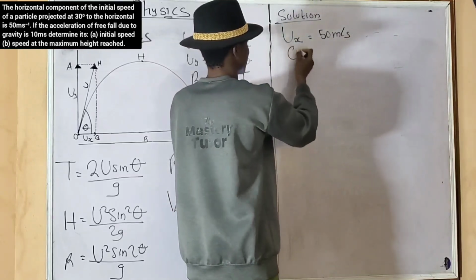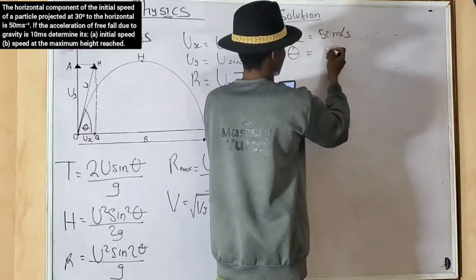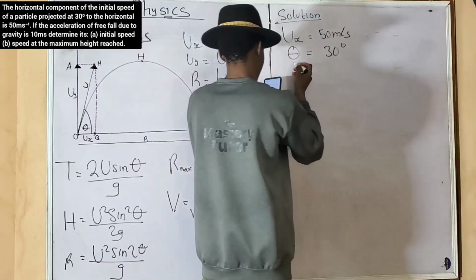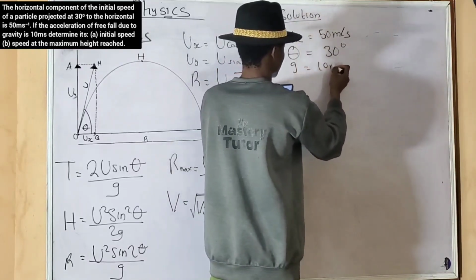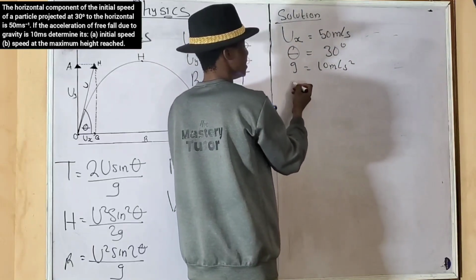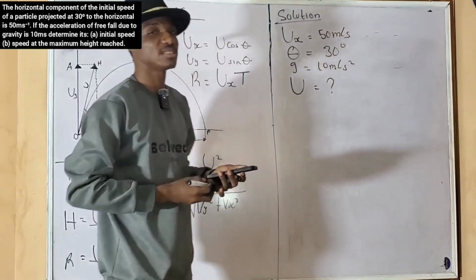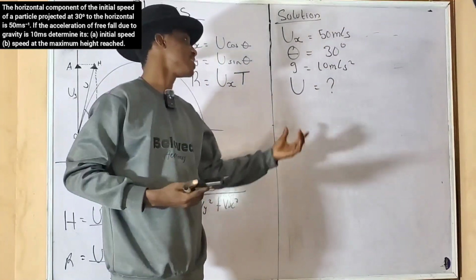Theta, the angle of projection, is 30 degrees, and g is 10 meters per second squared. Our goal is to find the initial speed. The initial speed is u itself. The speed at which the object is being projected with is the initial speed.